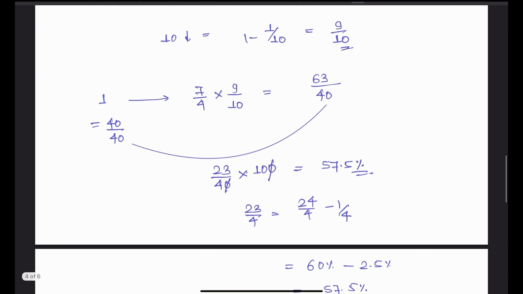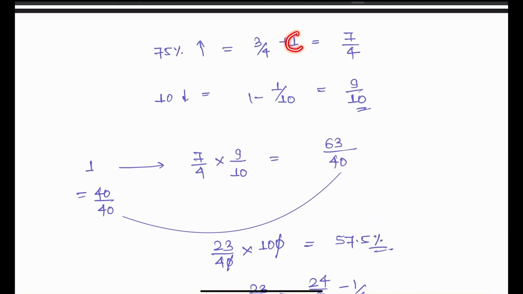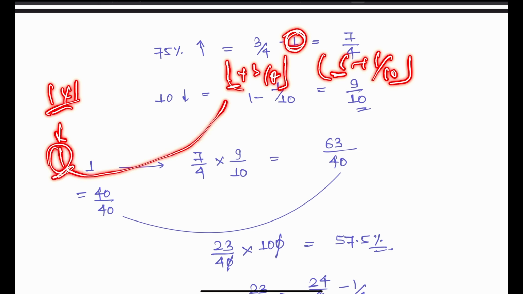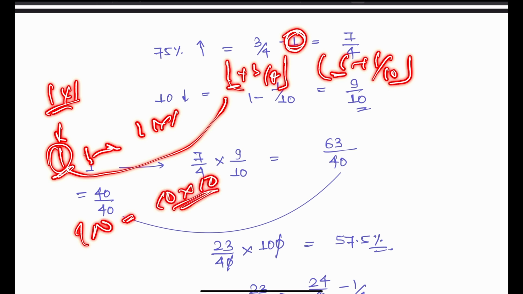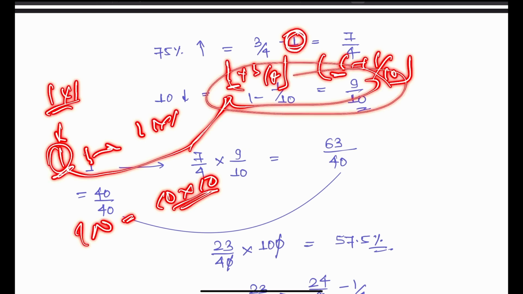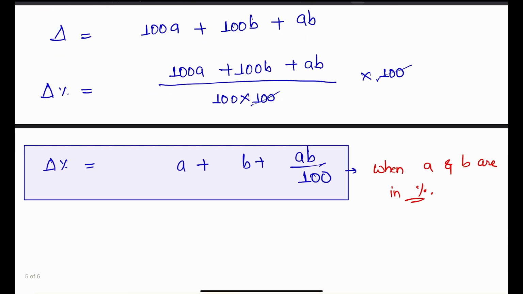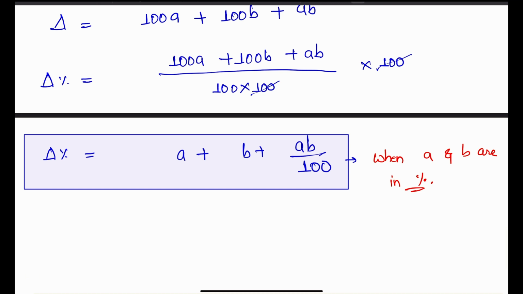In the earlier approach, I am adding 1 plus 3 by 4, or suppose 1 plus 1 by 10. So initial was 1 into 1, which is only 1 itself. So 1 I can divide as 1 into 1, but 100 I will divide as 10 into 10. That is the difference. Because of this we don't have any issue over there, but here it took us some time to clear our doubt.